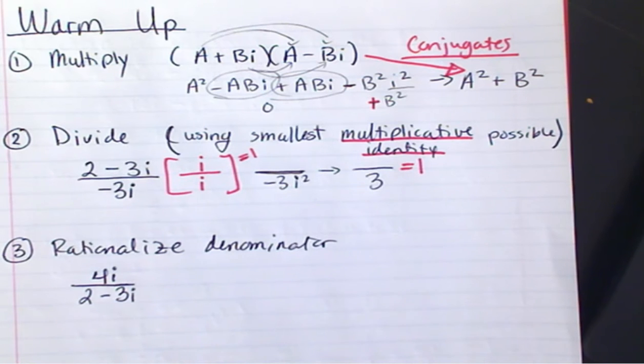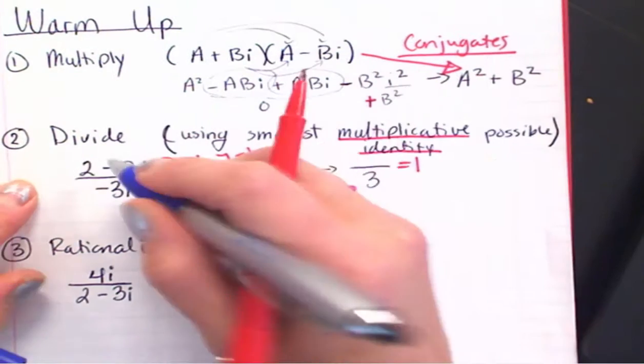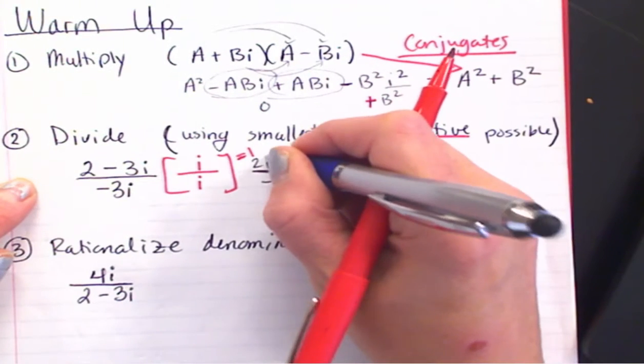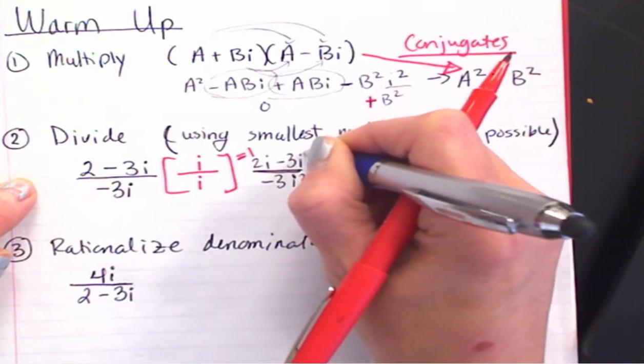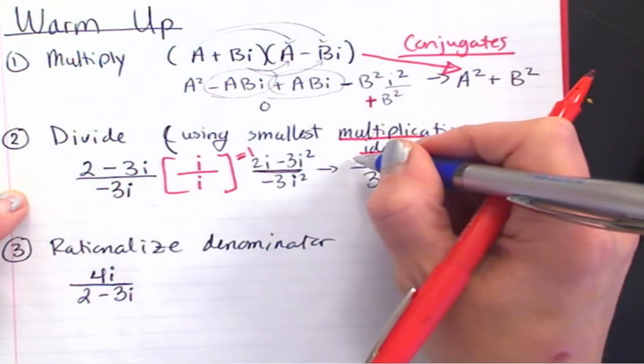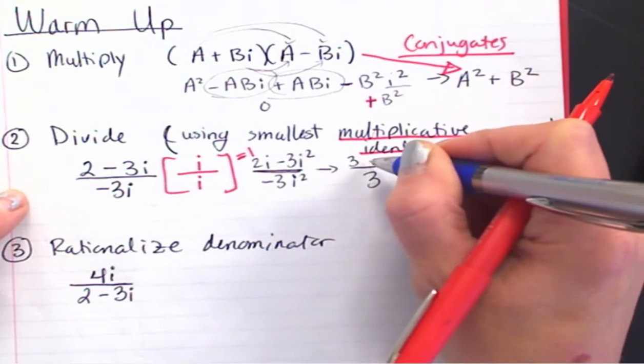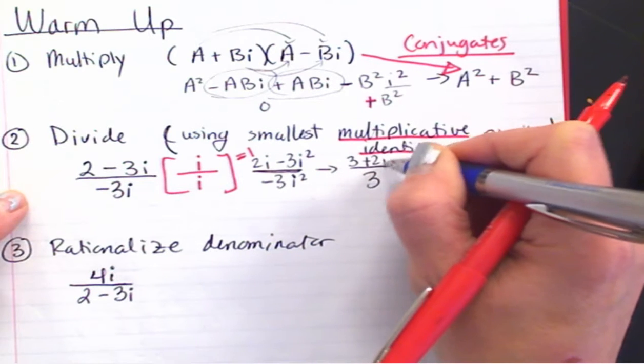Did your denominator turn into a rational number? Yes. Did it turn into the smallest rational number possible? Probably. Okay, so now I'm going to go back and distribute my numerator. 2i minus 3i squared, which actually turns into +3 plus 2i.